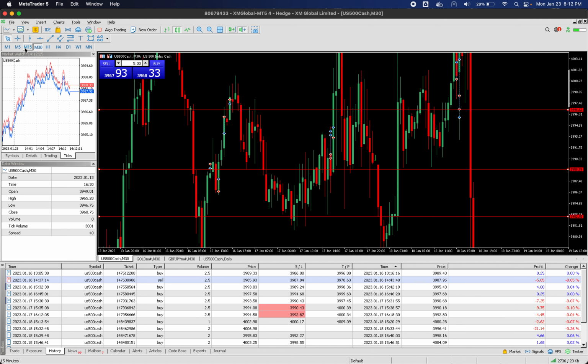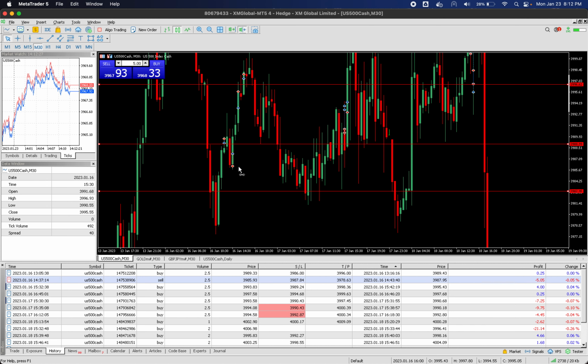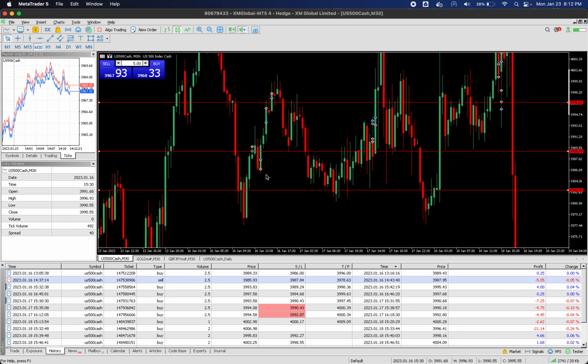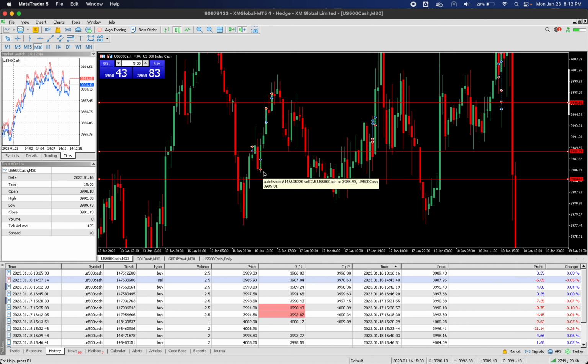So I think for sells, that's quite too early because, as you can see here, there's a previous resistance around here. So yeah, I think it would be better to have sells below the lower wick of this candle.